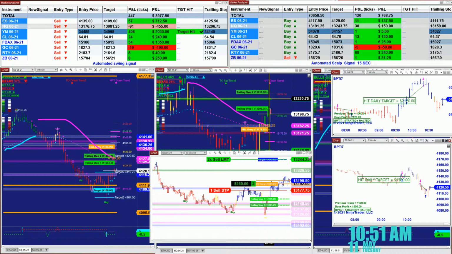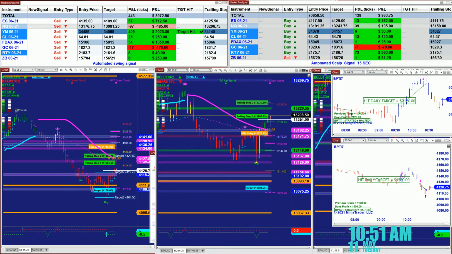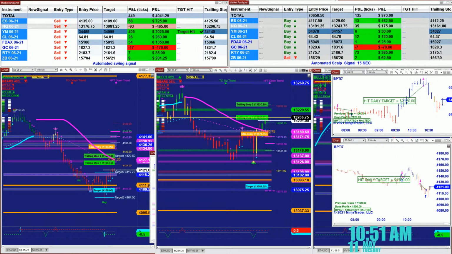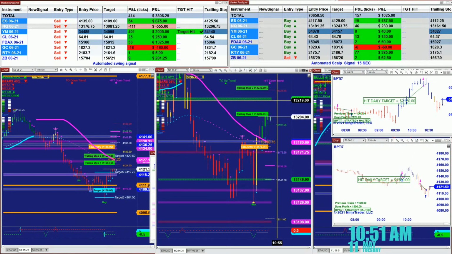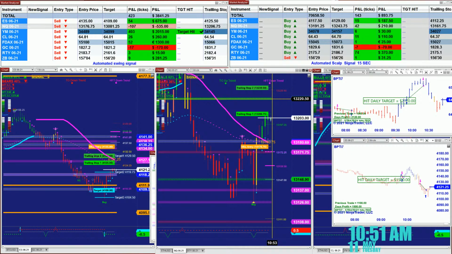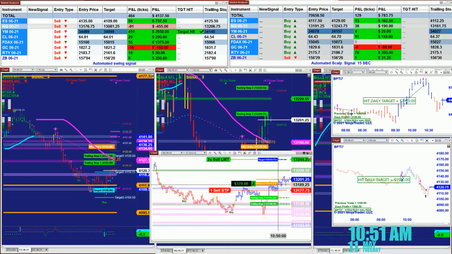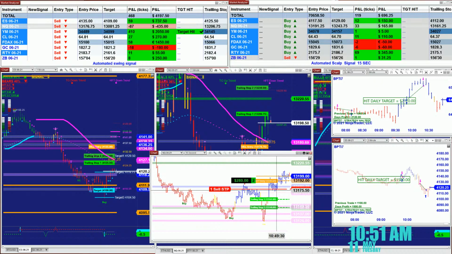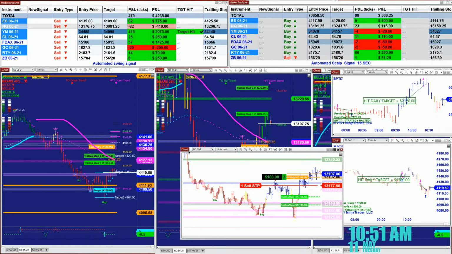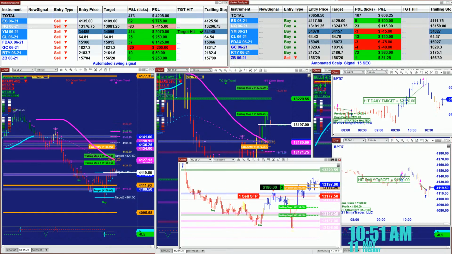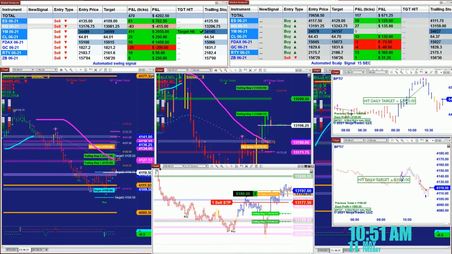If this market crosses the 13,220, it could be a $1,000 trade. And if this market is not able to cross that line here, and it goes back and knocks me out, all I'm getting out of it is a big banana. And it has nothing to do with the auto trade, it has to do with the market movement.